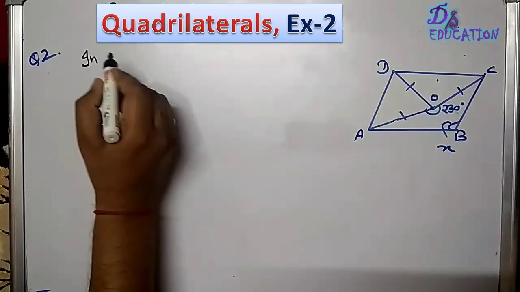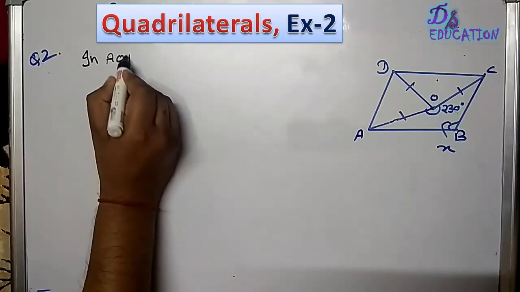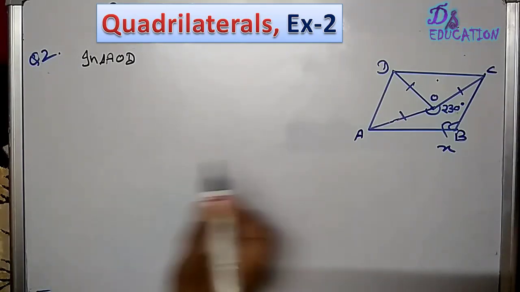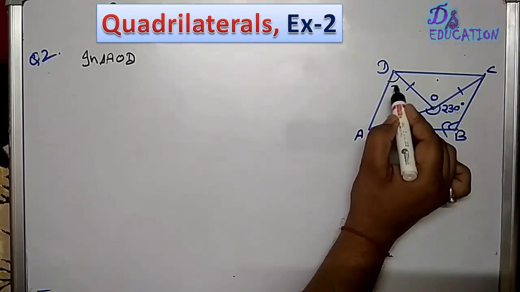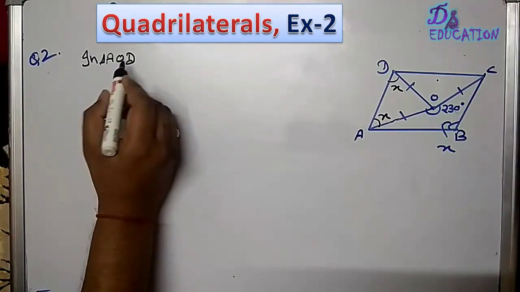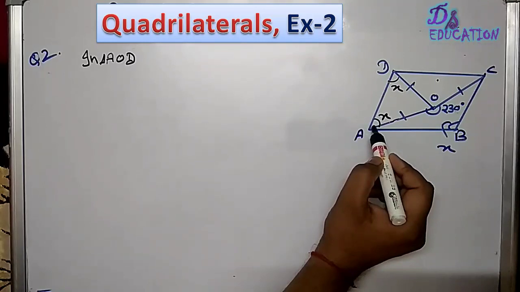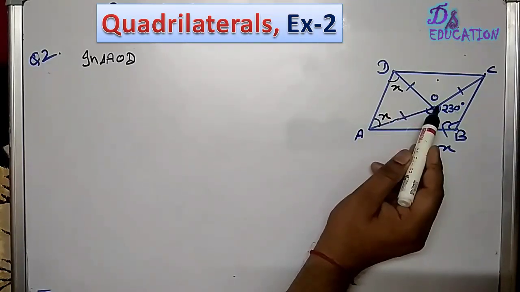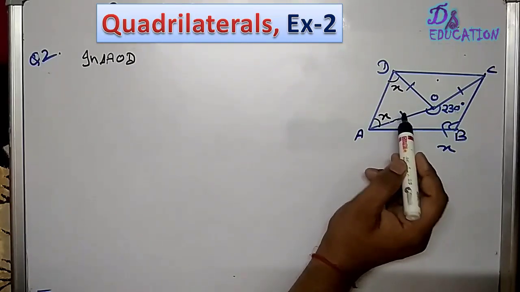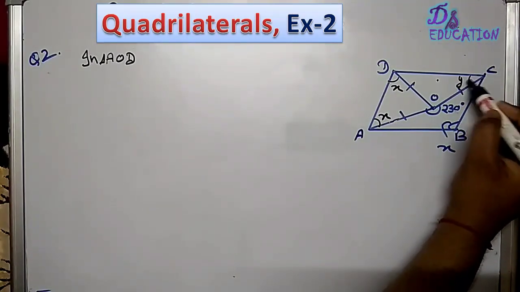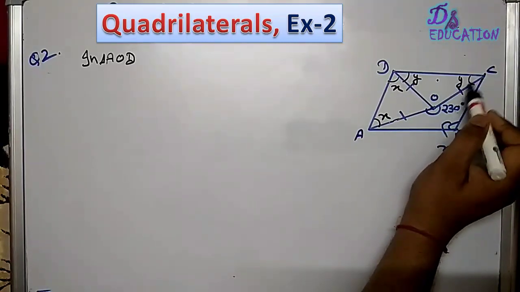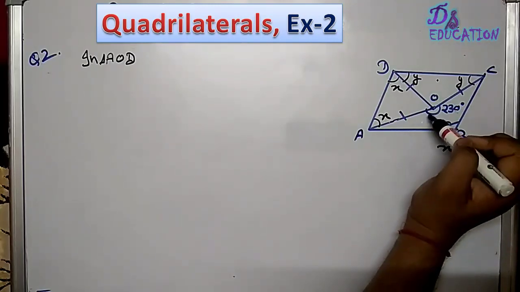Now in triangle AOD, I will take this as x and this as x. Why? Isosceles property, because opposite angles of equal sides are equal. Same as I have taken y and y over here. Now this is a separate triangle, triangle DOC.